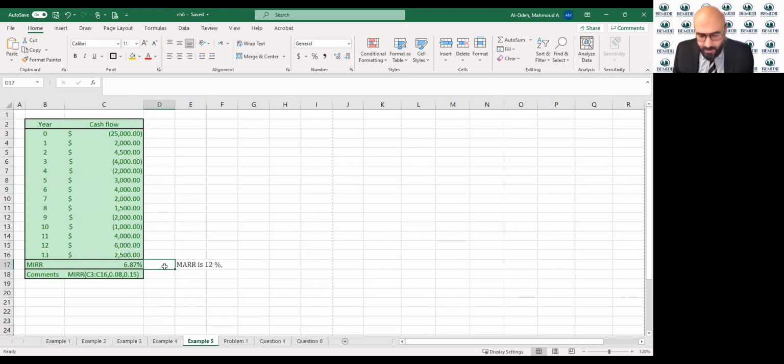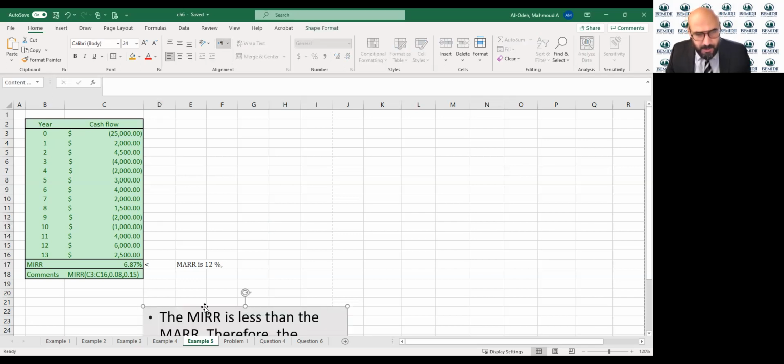As you see, the MARR is bigger, larger, and therefore the conclusion would be, if the MIRR is less than the MARR, this alternative should be eliminated, and we should write a short sentence here saying this alternative should be eliminated.